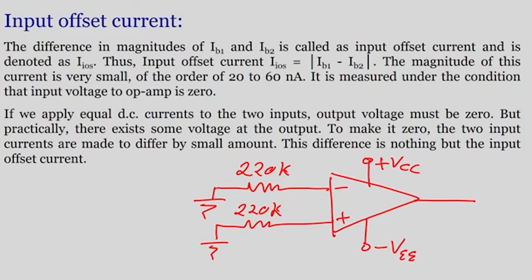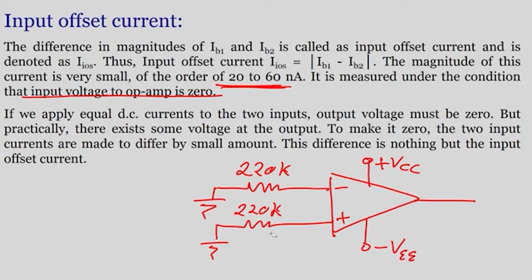The magnitude of this current is very small, on the order of 20 to 60 nanoamperes, and it is measured under the condition that the input voltage to the op amp is 0. What is the input voltage right now? Nothing, so the input voltage is 0.